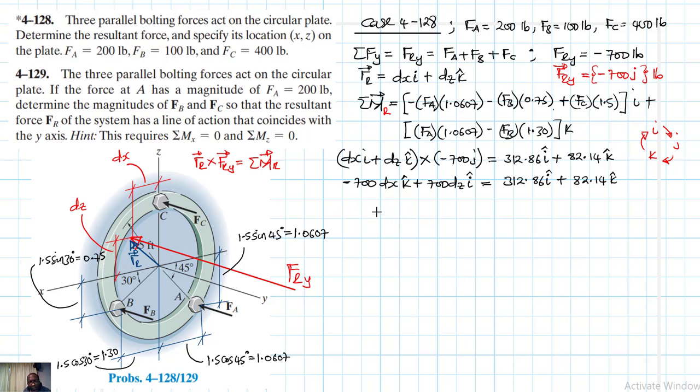So here we are going to have a minus 700 dx, which will be equal to 82.14, and therefore dx is just going to be equal to, you make dx subject of formula, so we have 82.14 divided by 700, so we'll have minus 0.1173.